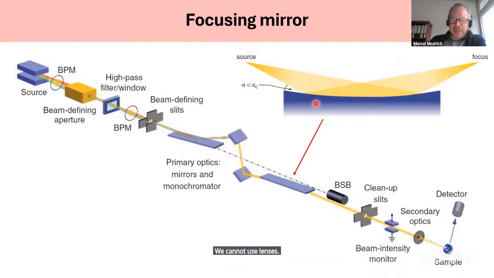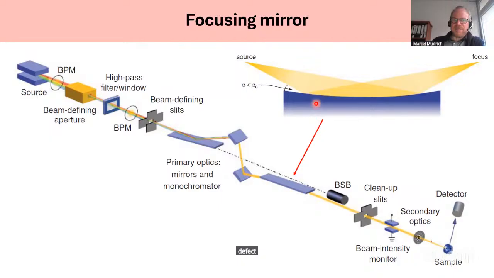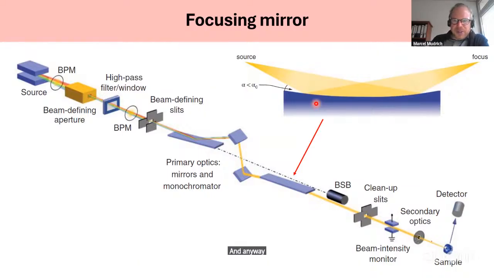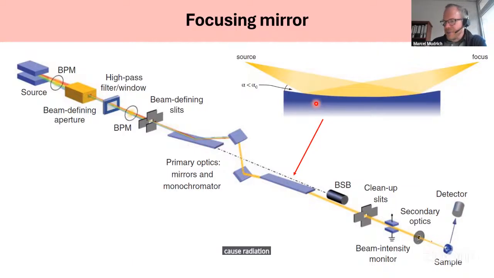Remember, the index of refraction is very small in the X-ray range, so it's very hard to get diffractive optics, like lenses, that have decent focusing properties. And if we tried to use diffractive optics in an X-ray beam, most of the X-rays would get absorbed and we would have enormous losses, and X-rays cause radiation damage. So we would start breaking the materials and so on.